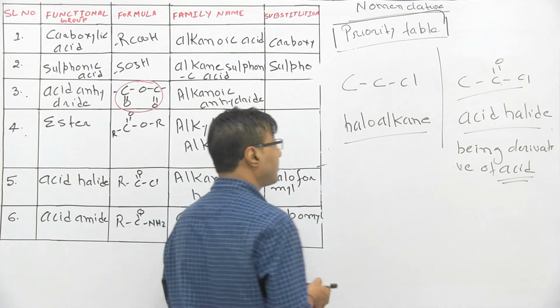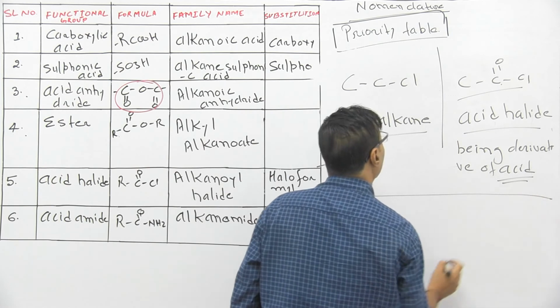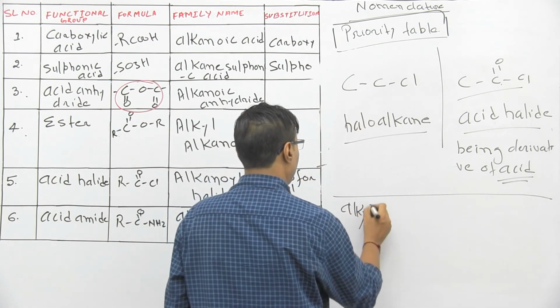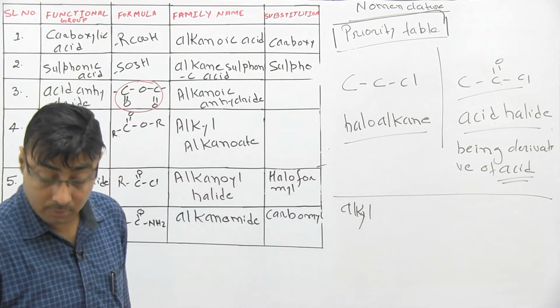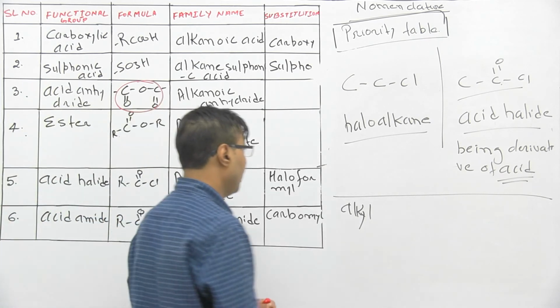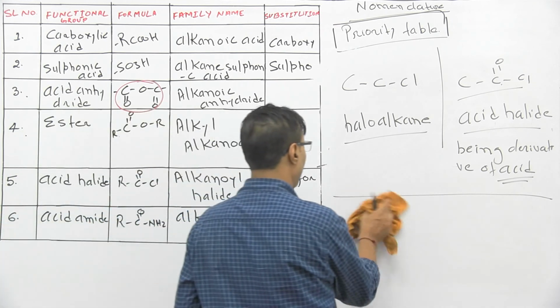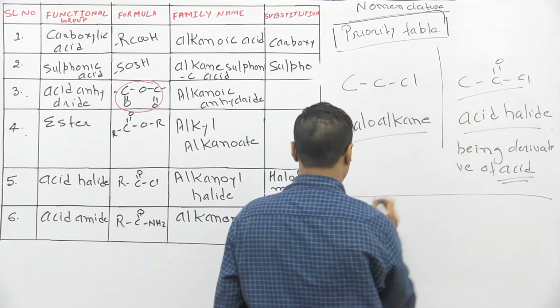So what is the name? What we do? We take alkyl, it's a derivative of ethanoic acid.